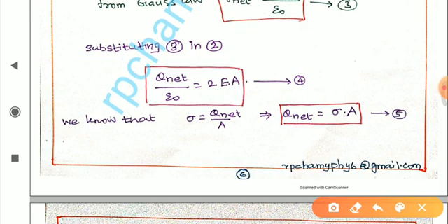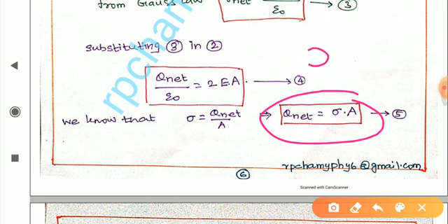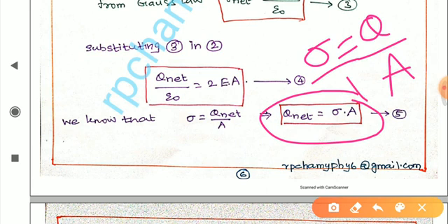What is Q? Q is nothing but the total charge. It can be found from the surface charge density formula. Surface charge density sigma is equal to Q by A, so Q can be given by sigma into A by cross multiplication.